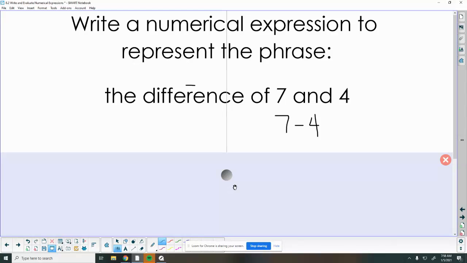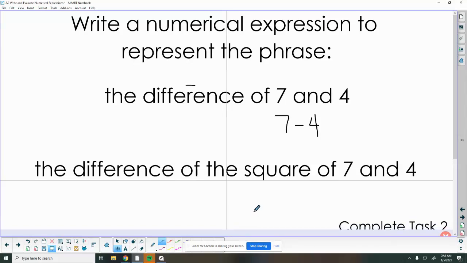So let's look at a very similar problem here. This one says the difference of the square of 7 and 4. If you remember, square means that we are going to put the exponent 2, because once you found it one way, you would just make it perfectly the other, and it would make a square, an array square.